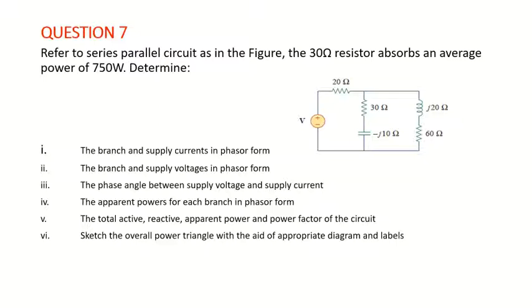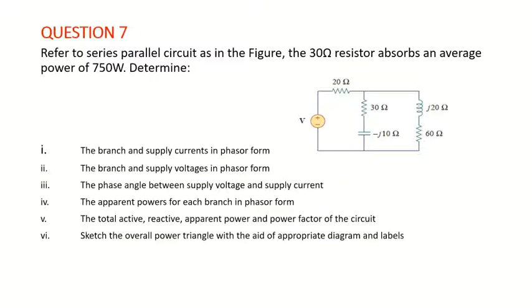The resistance is attached in the first branch, in series with the minus j10 ohm capacitance. So this resistance absorbs an average or active power of 750 watts. Determine the branch and supply current in phasor form.